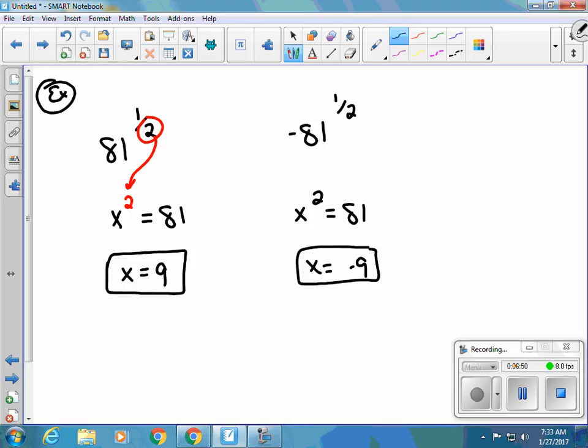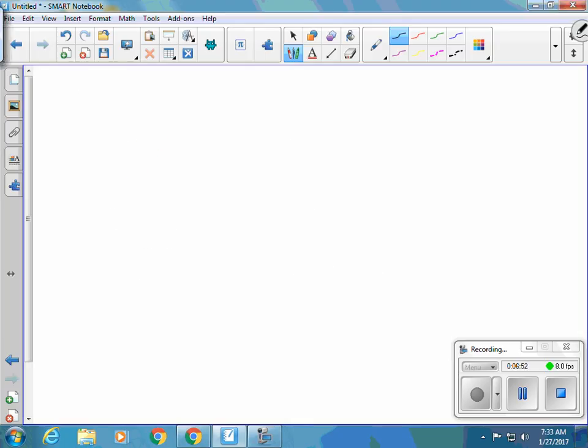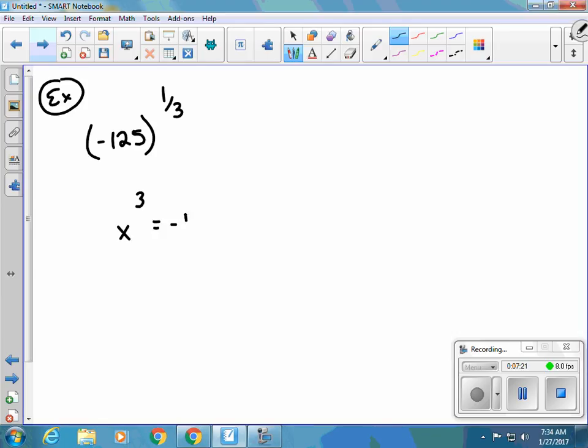So let's do another one, because that one was a square, so it's a little bit easier to figure out. Let's say that I have negative 125 to the power of 1/3. So with this one, I'm going to have x to the power of 3 equals negative 125.